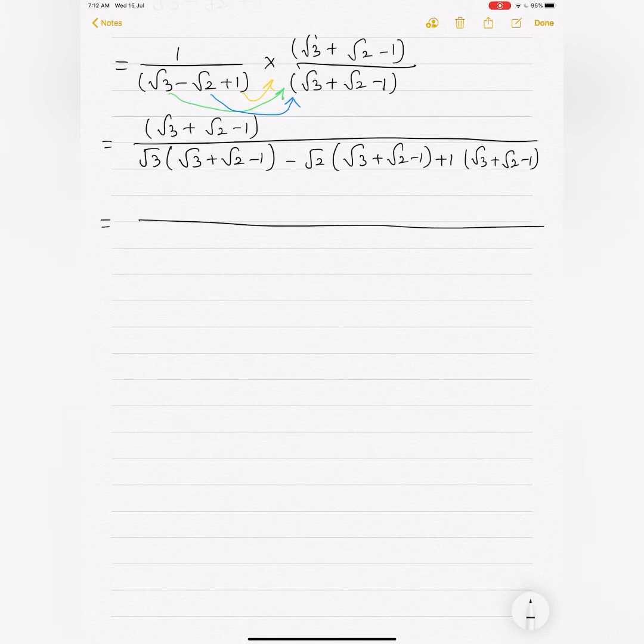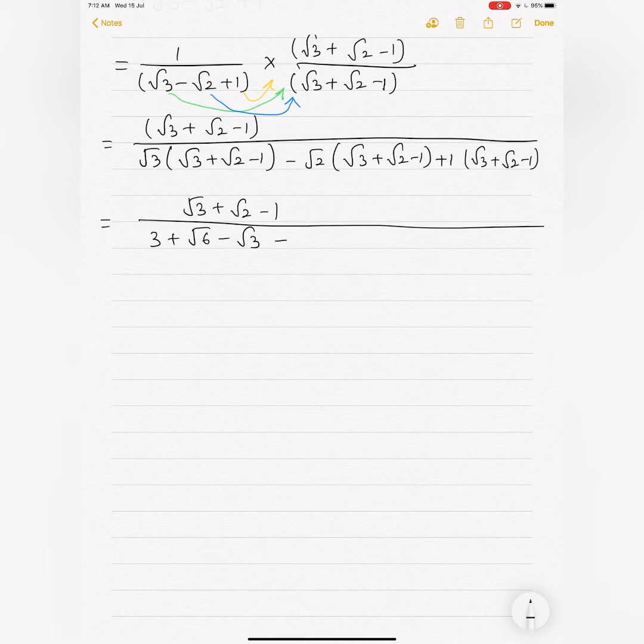Got it? Now let's open the bracket. So it will be root 3 plus root 2 minus 1. Now what is root 3 into root 3? 3. It will be 3 plus root 6 minus root 3.